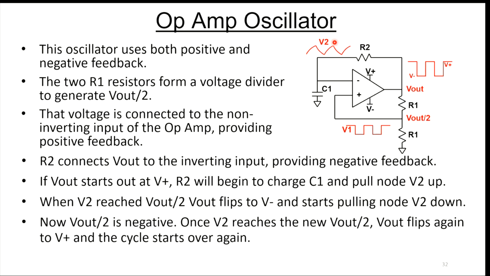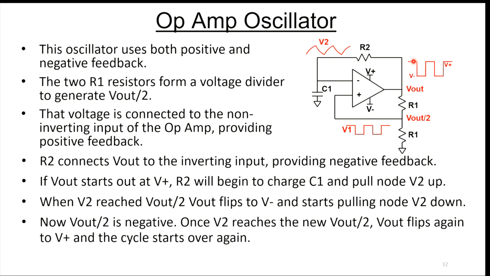On the inverting input, which is the one you'd normally use for negative feedback, we have a resistor and a capacitor. So the way this works is, let's assume the output starts at, oh, by the way, this op-amp we're using is a dual rail op-amp. So maybe the supplies are plus 5 volts and minus 5 volts.